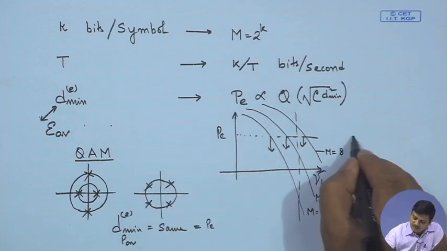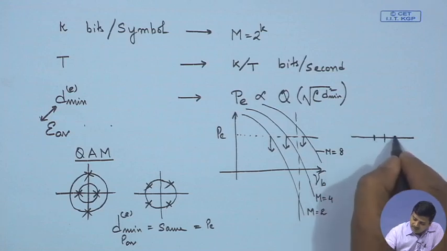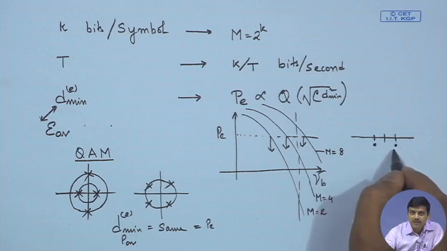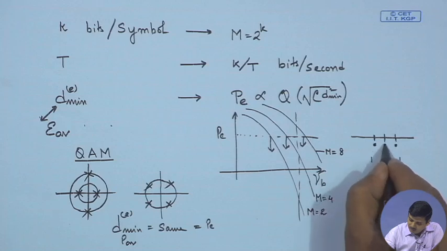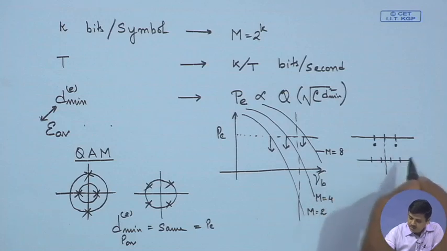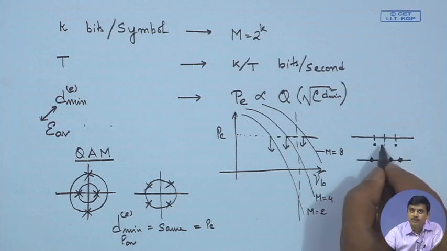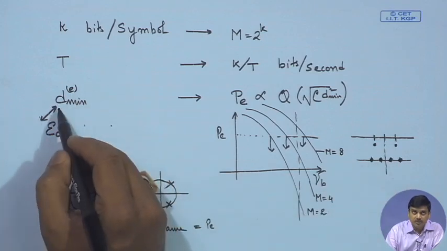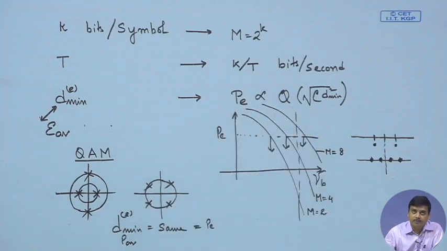And we explained this in the form that if there is a certain constellation and we want to keep the same average energy, however we want to increase the number of constellation points, then the constellation points come much closer compared to the previous case. The constellation points coming closer means d min becomes smaller, which means the probability of error becomes larger. So, that is what we have here.